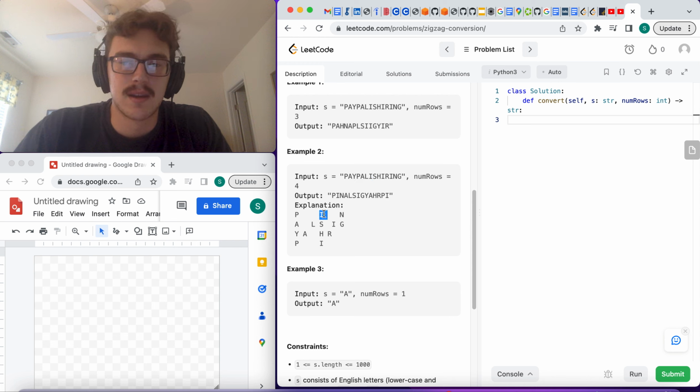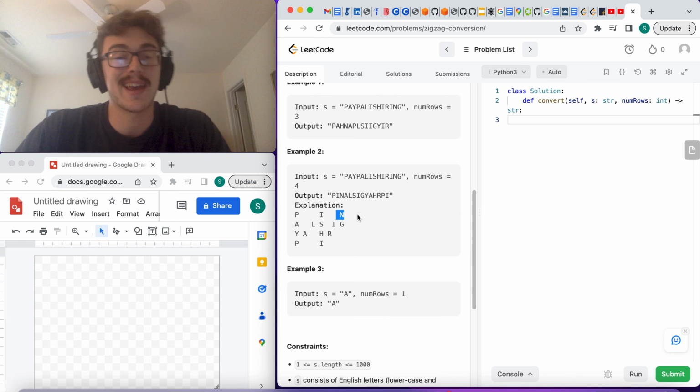Okay, so it's an index difference of 6. And let's see what's the difference from I to N, when N is the third thing that we're going to return in our output string. And it's 1, 2, 3, 4, 5, 6 again. Interesting. It seems like there's a pattern there.